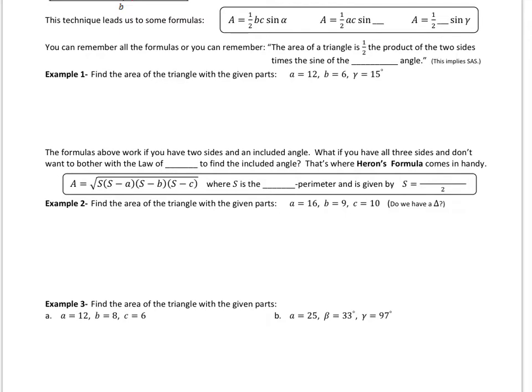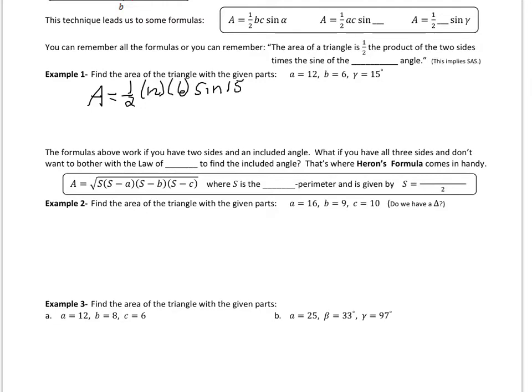All right, so let's look at example 1 here. Okay, and let's find this. So we have A, B, and gamma. So how do we find the area? It's going to be 1/2 A, which is 12, times B, which is 6, times the sine of gamma, which is 15.